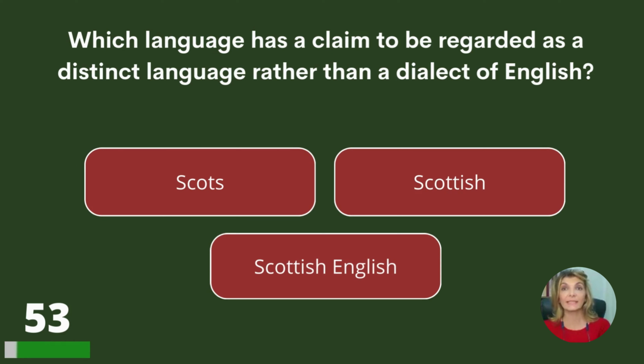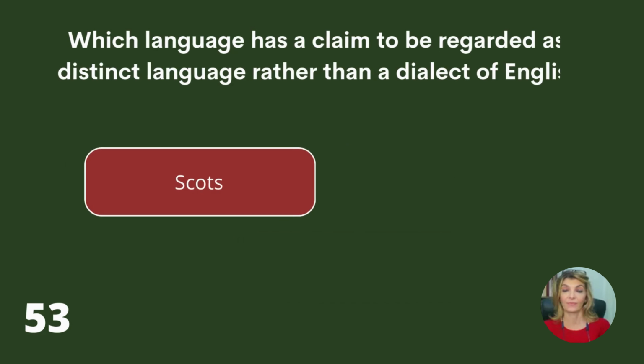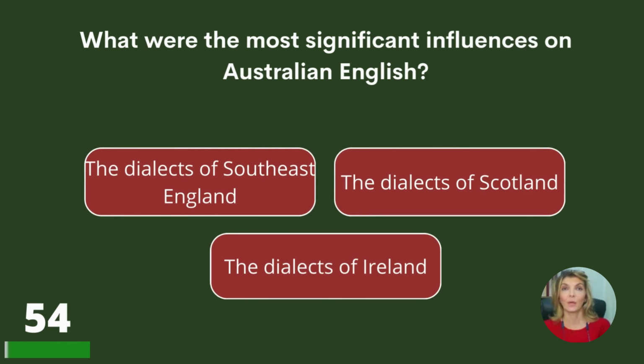Which language has a claim to be regarded as a distinct language rather than a dialect of English? Scots, Scottish, or Scottish English? Scots. What were the most significant influences on Australian English? The dialects of Southeast England, the dialects of Scotland, or the dialects of Ireland?